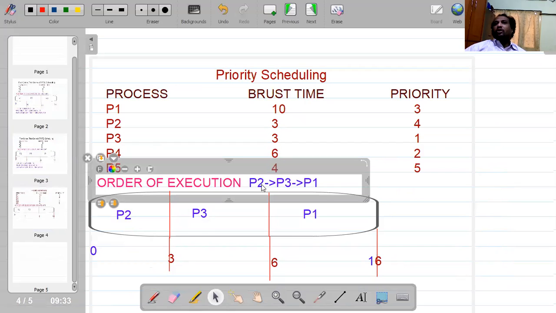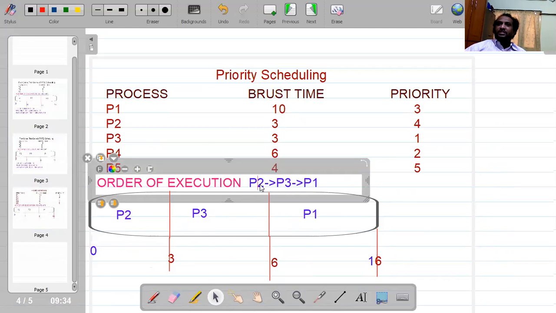So first, the order of execution. I hope everybody is able to follow this. Everybody is able to follow me, right? Yes, sir. So what is the order of execution? Which is the first one which is given the priority?